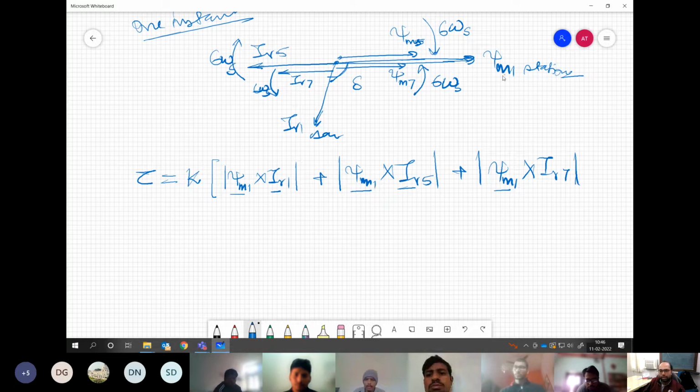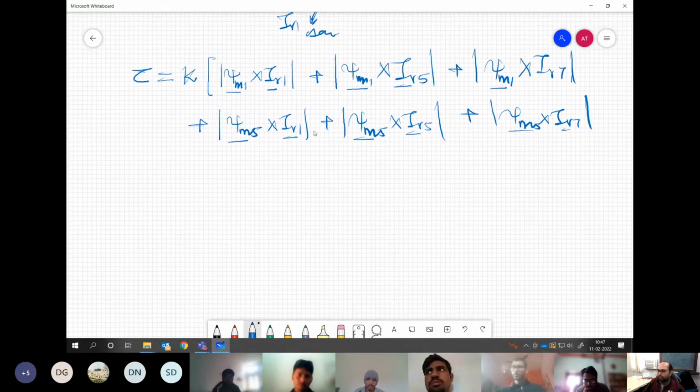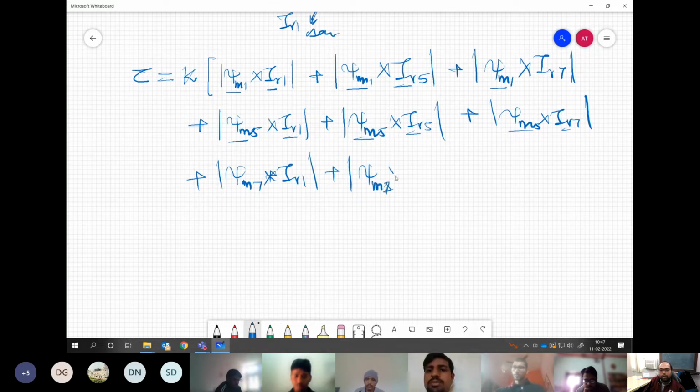Psi m1 has interacted with all three currents. Now, similarly, psi m5 will interact with IR1 plus psi m5 will interact with IR5 plus psi m5 will interact with IR7. Any problem in this? Similarly, psi m7 will interact with IR1, psi m7 will interact with IR5 and psi m7 will interact with IR7.